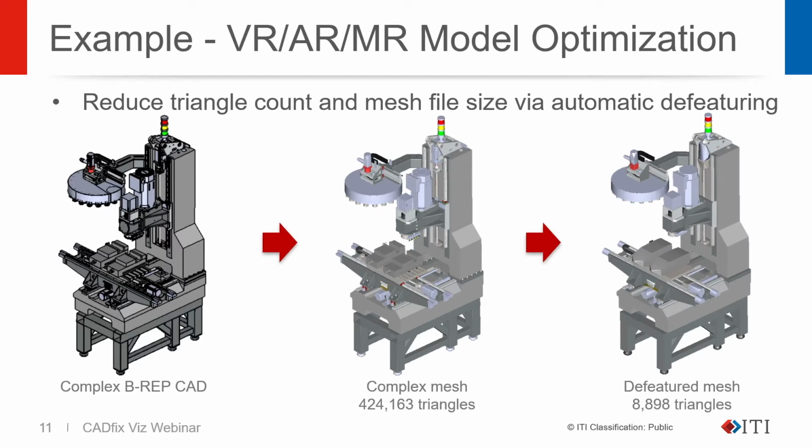And then using our CADfix tools, we can turn this into a more appropriate defeatured mesh, retaining a lot of the visual aspects. You can still see it's the same model taking up the same space, but we've massively reduced this down to just 8,898 triangles. So that's going to render much faster. And when you have a lot of these models in the same application, that's obviously going to build up. So much more appropriate model at the end of our processing.